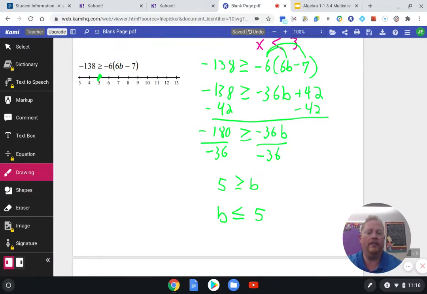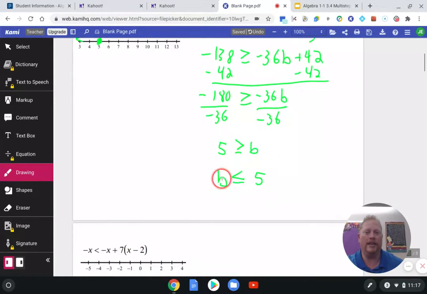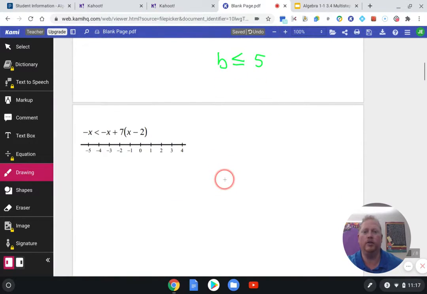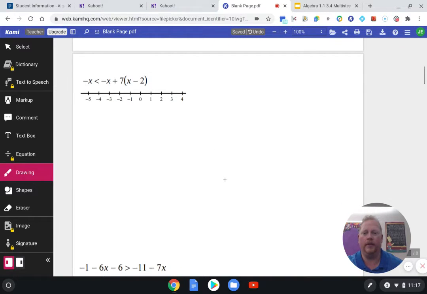So if I say 5 is less than or equal to b, that's the same thing as saying b is less than or equal to 5. So closed circle on the 5, and we're shading to the left. Problem done. So it's really not that we're learning anything new today. It's more just we're taking two old concepts and putting them together.